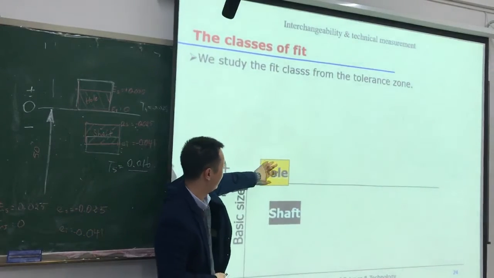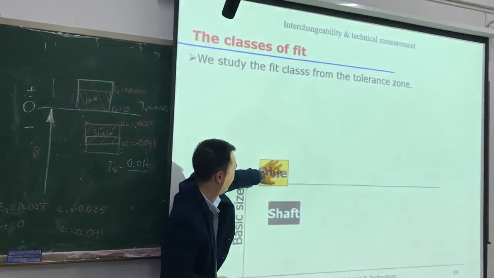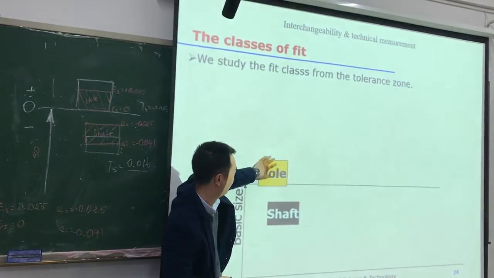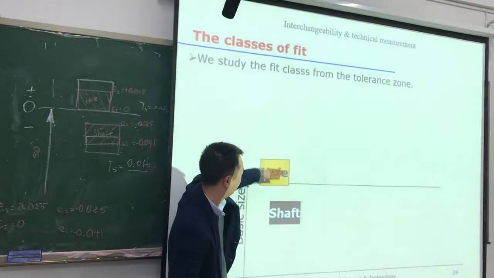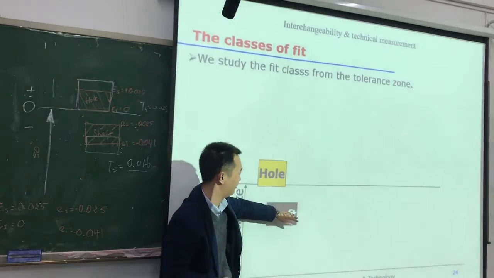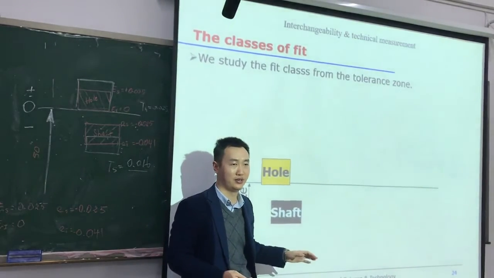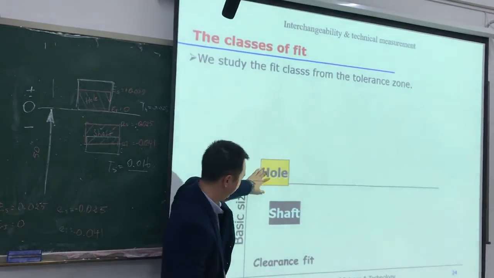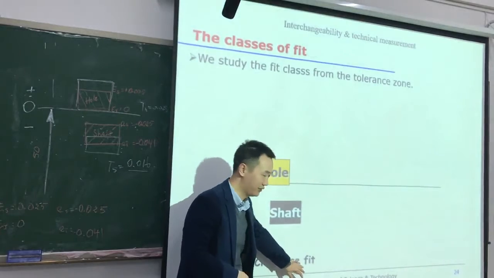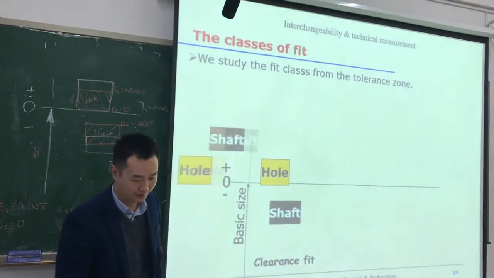Because the actual size of the hole is in this zone, and the actual size of the shaft is in this zone, we choose a value here to minus this value. It's always positive, right? So this is the clearance fit.